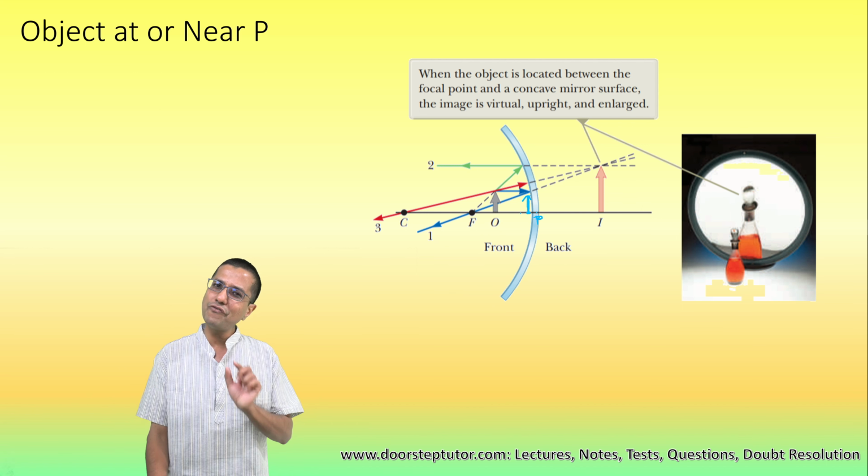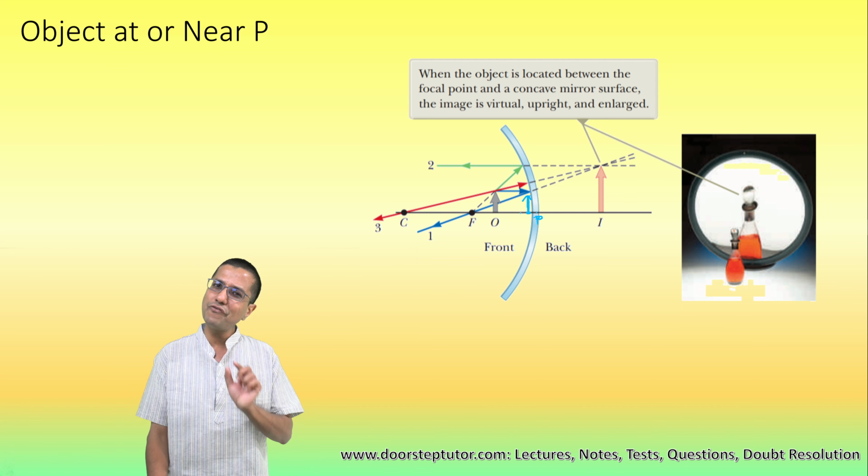negative quantity. But this is 1 by v, which essentially means that v is a negative, very small quantity, because this is the reciprocal. When I take the reciprocal of a very, very large number, I get a very, very small number. The sign does not change, so negative remains negative.